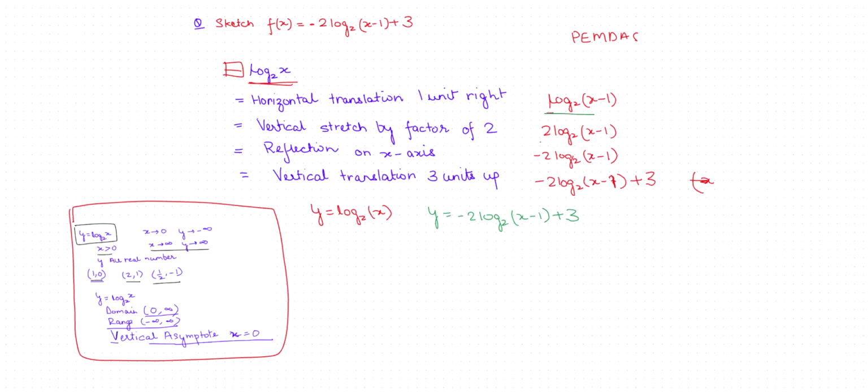It means x value is increased by 1. So what it was x here, now it has become x plus 1. And y, we multiplied: vertical stretch by 2, reflection on x-axis.